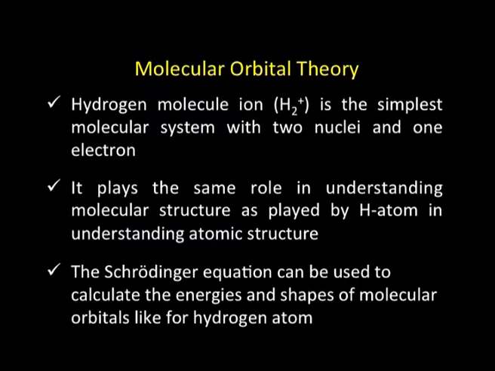Now, when we talk about molecule formation in the context of molecular orbital theory, and we take the hydrogen molecule ion to be the simplest possible system, how do we go about it? We try to formulate the Schrodinger wave equation for it and solve it to calculate the energies and shapes of different molecular orbitals. But even with such a simple system, we find that the Schrodinger wave equation for even the hydrogen molecule ion cannot be solved.